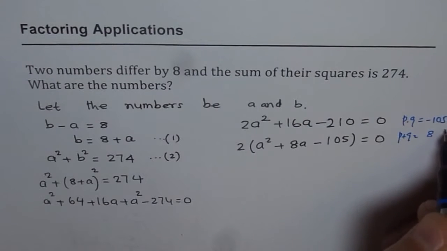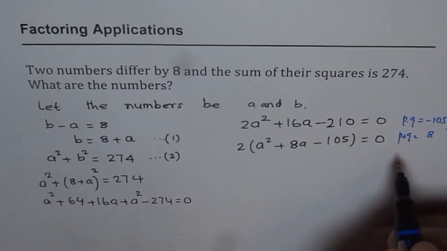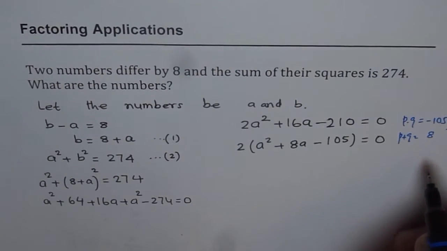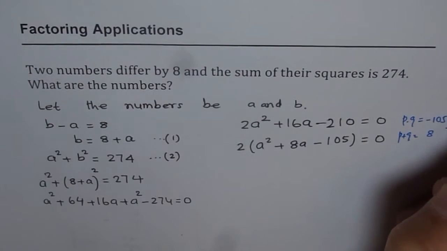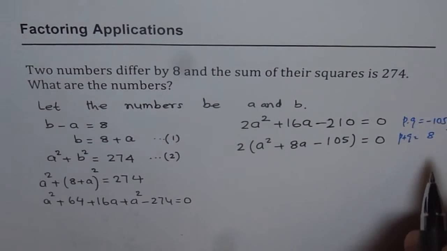So there are two numbers. One is positive, the other one is negative. So positive has to be bigger than the negative, so that you get sum as positive. So the two numbers could be, when you have to try numbers, it could be 15 and 7. So that gives you those magic numbers 15 and 7.